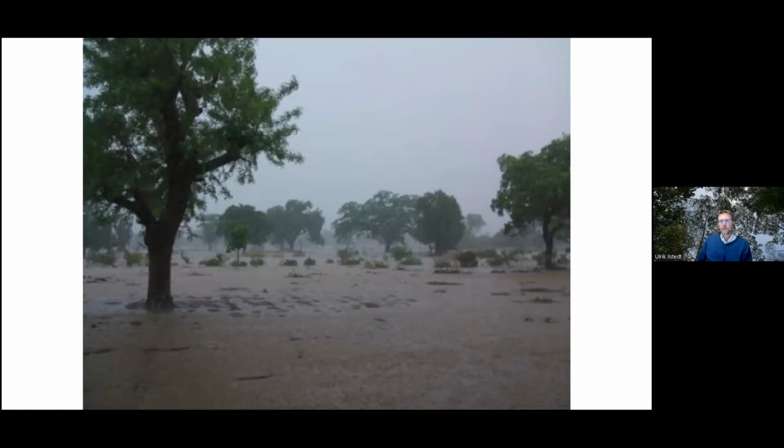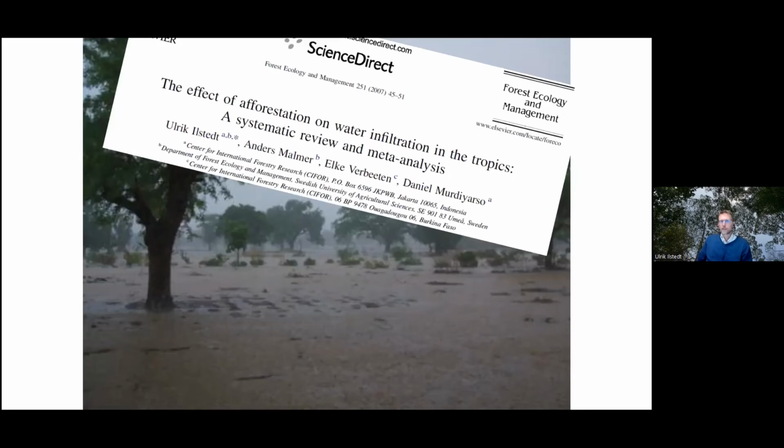So what I started to do was to look at literature, and we did a meta-analysis on what is the effect of trees in forest and in agroforest on the infiltration capacity or infiltrability, which is synonymous with infiltration capacity.